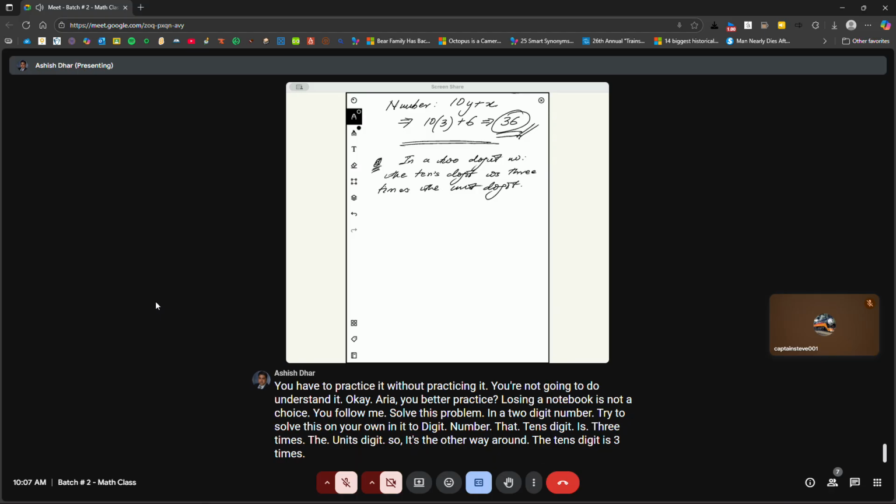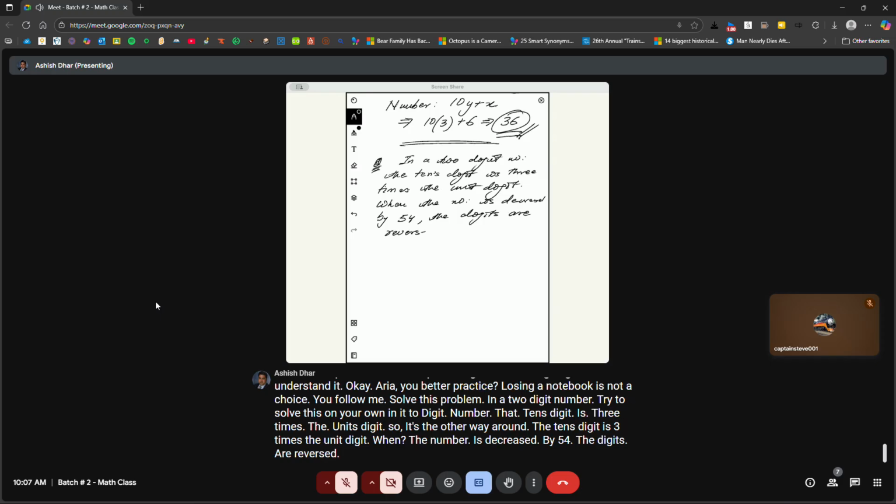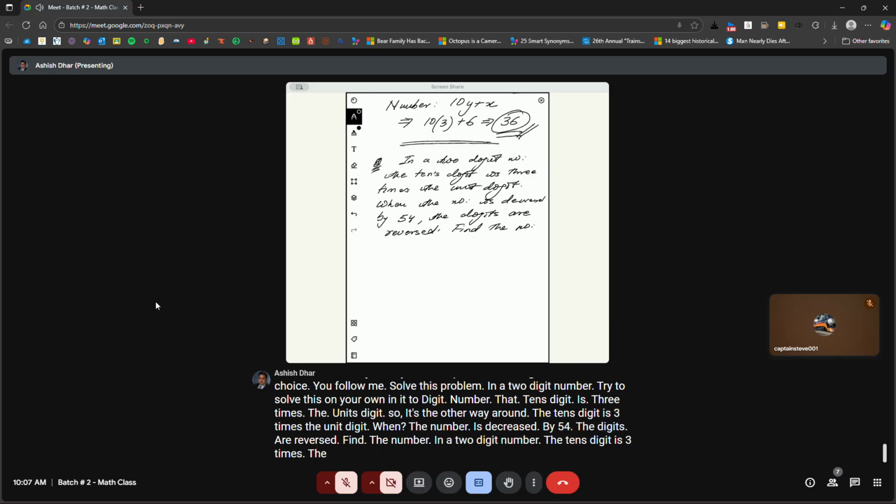When the number is decreased by 54, the digits are reversed. Find the number.